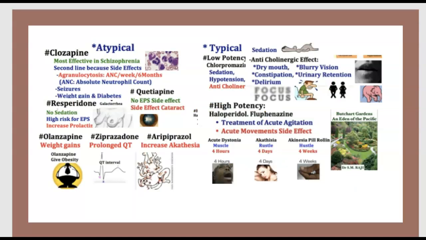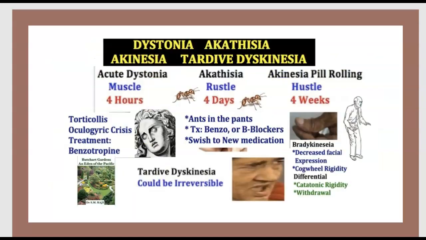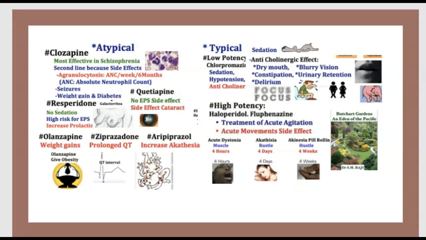Let's review. Atypical: clozapine, quetiapine, risperidone, olanzapine, ziprasidone, aripiprazole. Clozapine, think about agranulocytosis, seizure. Risperidone, think about prolactin.